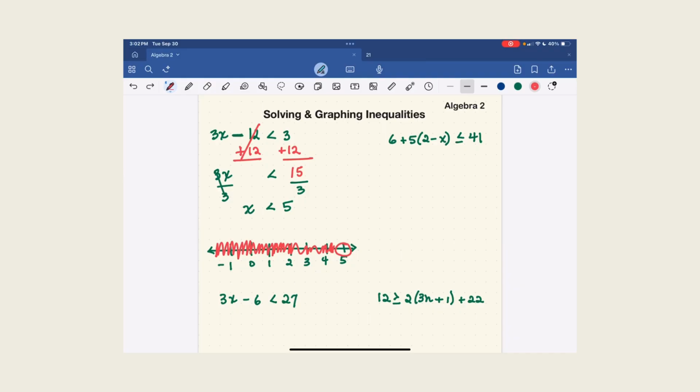So to test or check our answer, we would simply substitute 5 into the original equation. It would look like this.